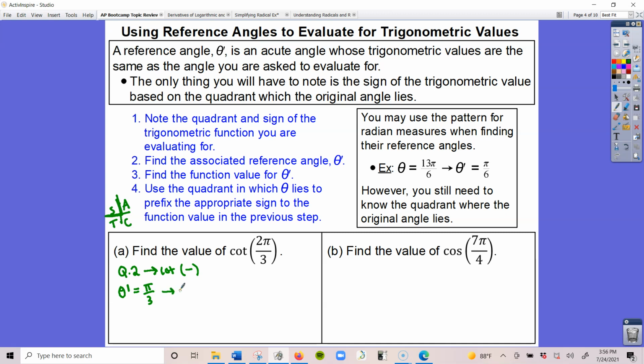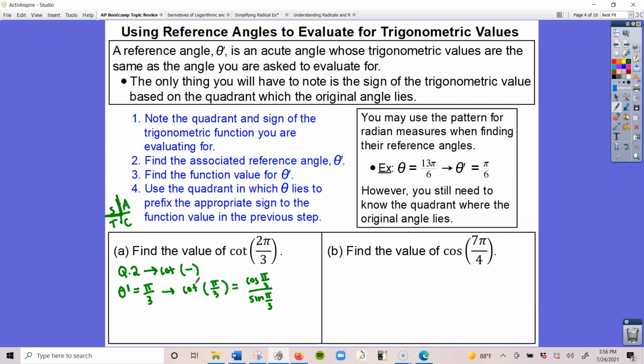That means that we are going to find the cotangent of pi over 3. This is why I said that you have to know your unit circle, or rather know quadrant 1 by heart, because the cotangent of pi over 3 is the cosine of pi over 3 divided by the sine of pi over 3.